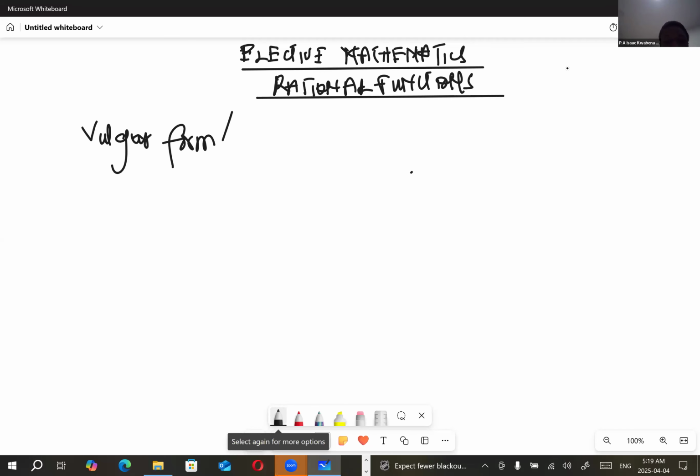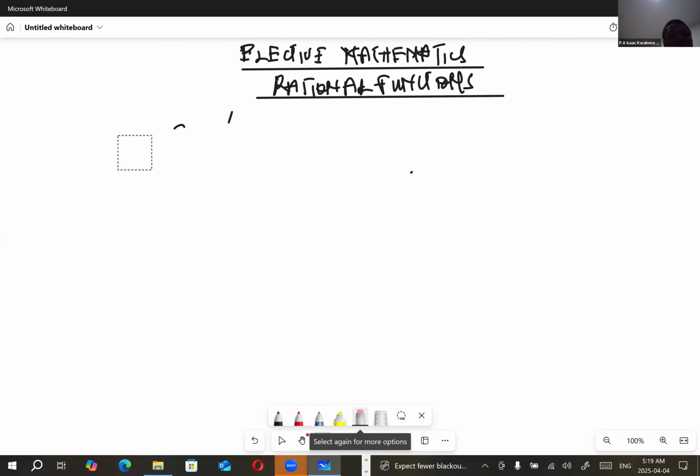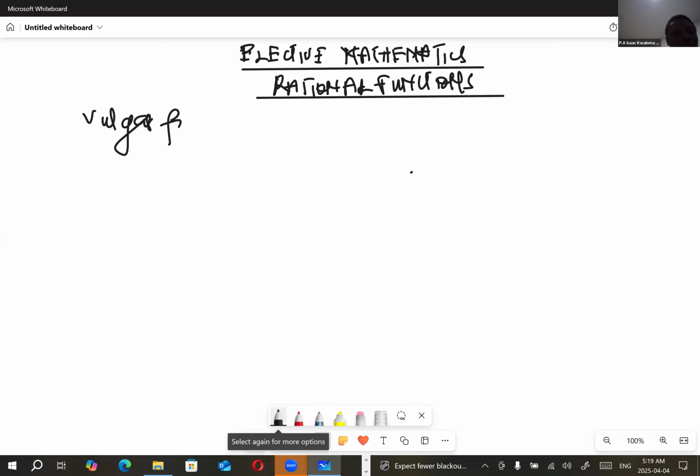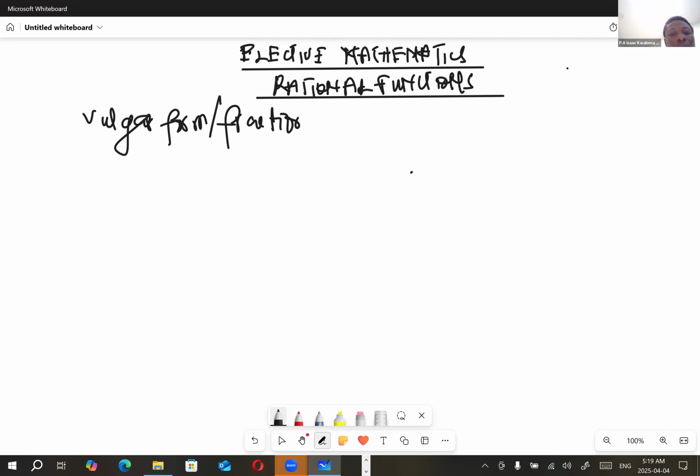So they are typically any expression that can be written in a vulgar form. I mean, if it's put in fraction, then it's a rational function.